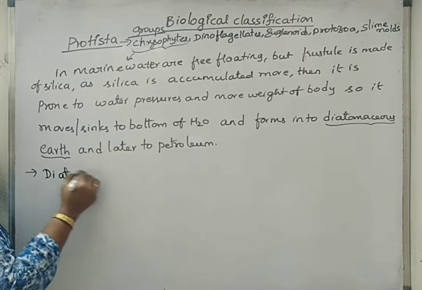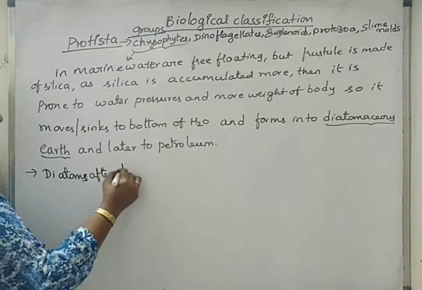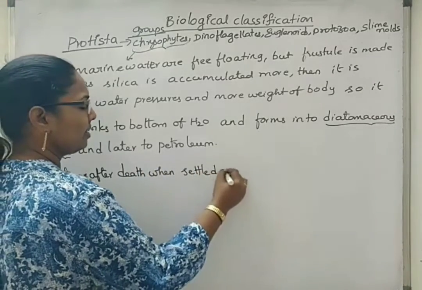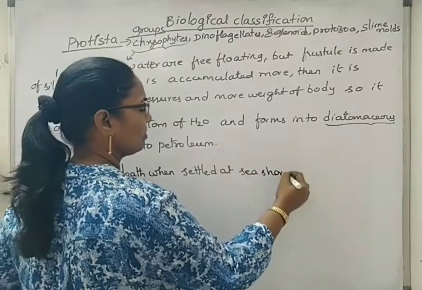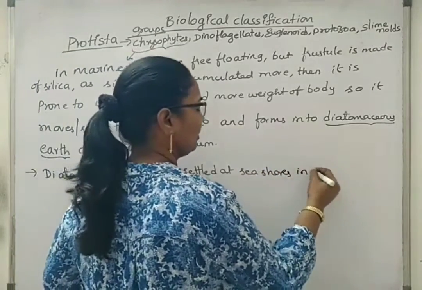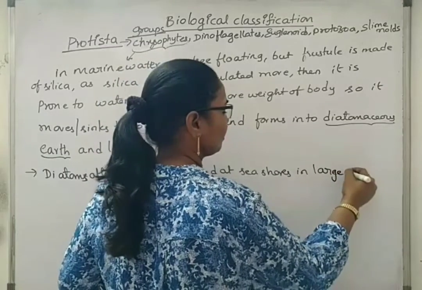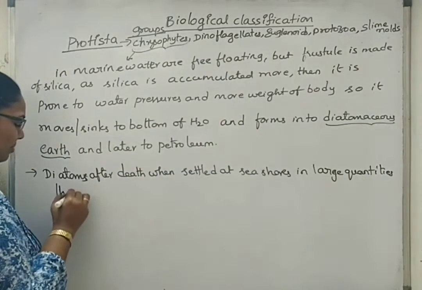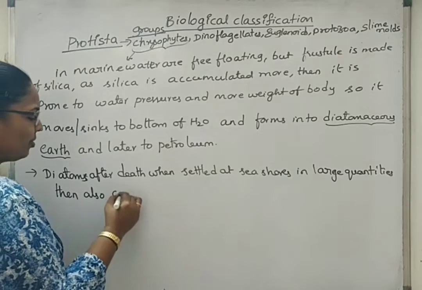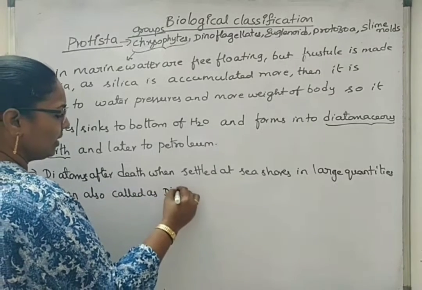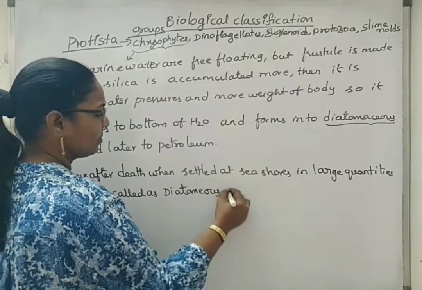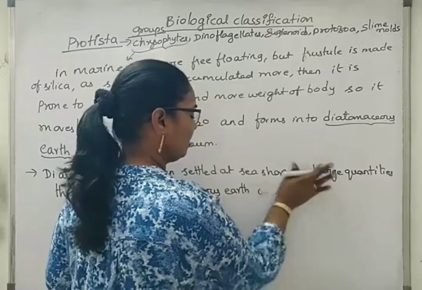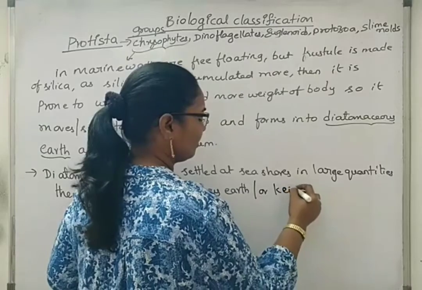Diatoms after death, when settled at seashores in large quantities, are also called diatomaceous earth or kieselguhr.